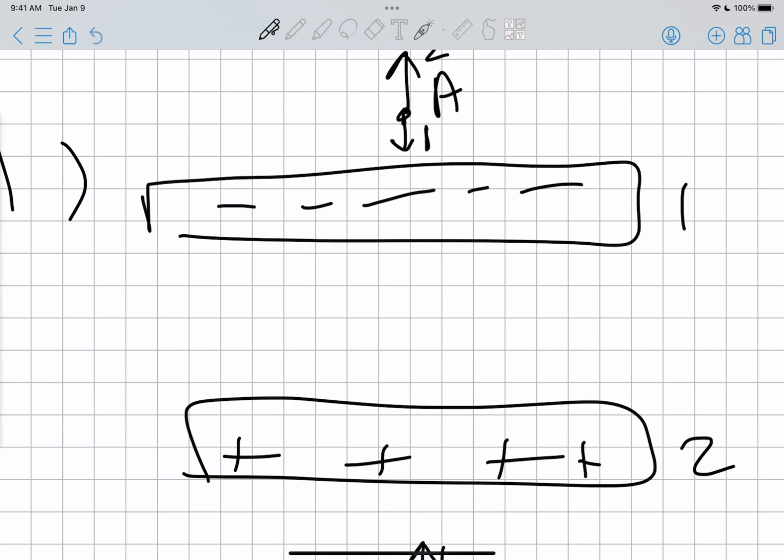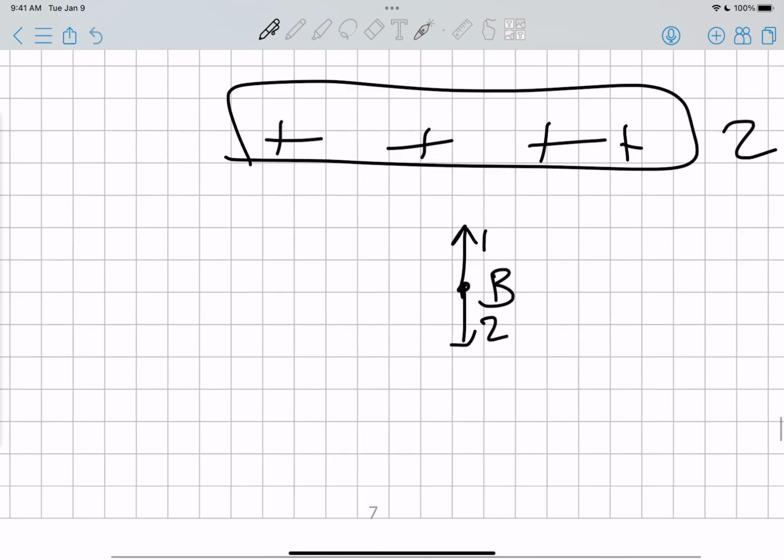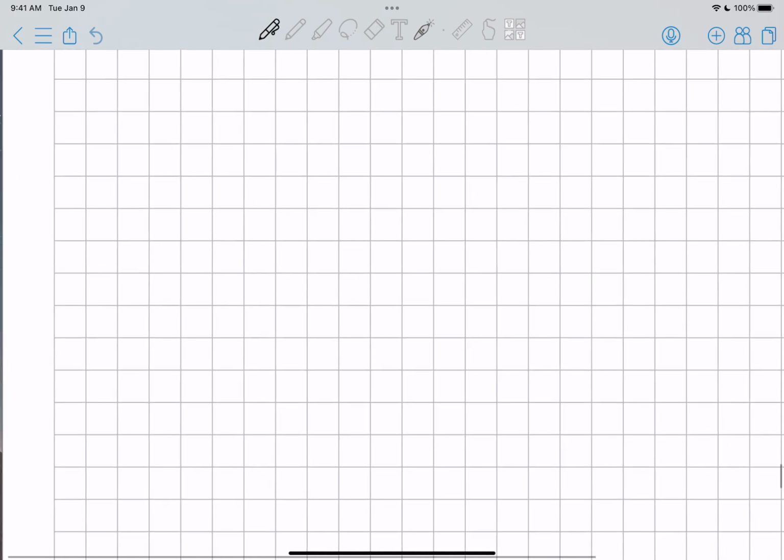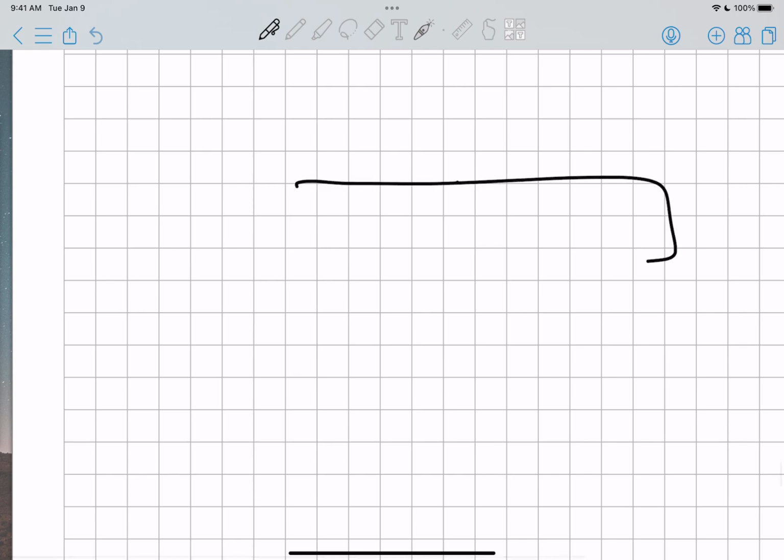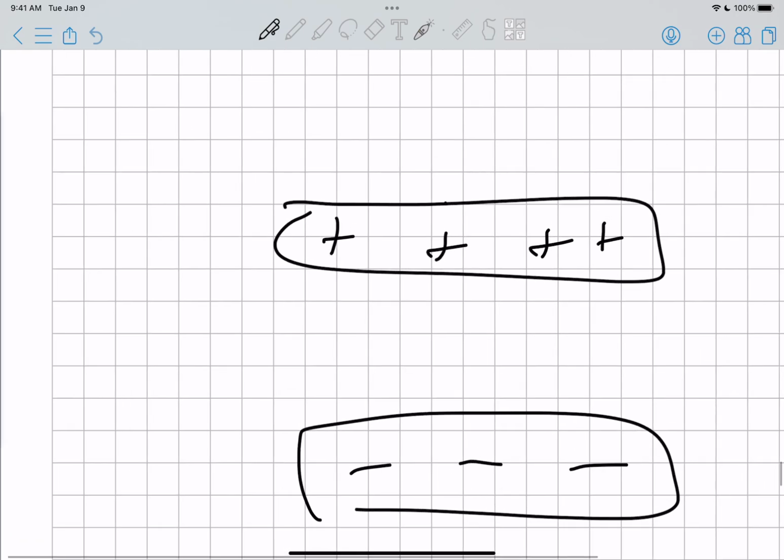So if I had this positive plate on the bottom, negative plate on top, then if this is a positive test charge, it would be pointing upwards for E2 and pointing upwards for E1, right? And even if I had a positive plate on top and a negative plate on the bottom, then at point P here, it would be downwards because of 1 and downwards because of 2. Does that make sense?